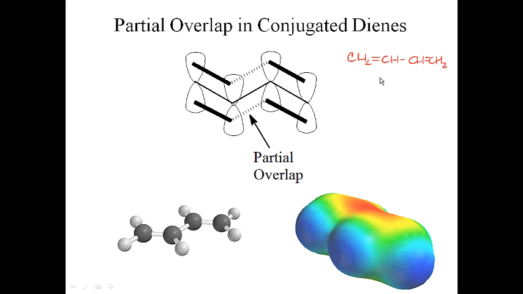All of these carbons are sp2 hybridized, which means that this is the structure, and you have all of these sp2 hybrid orbitals and then unhybridized p orbitals. And it turns out that all these p orbitals can be parallel to each other.